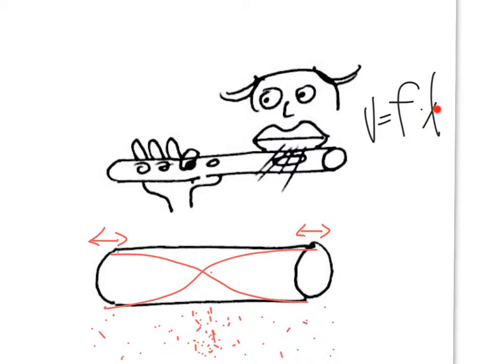The speed of sound in air, which we'll talk about soon, is going to be the same no matter what the shape of the musical instrument is. So the wavelength is going to affect the frequency, and the frequency is what you actually hear. So a high pitch is a high frequency, and a low frequency is a low pitch sound.